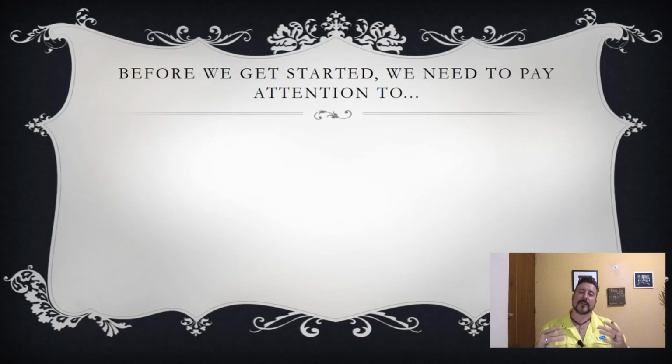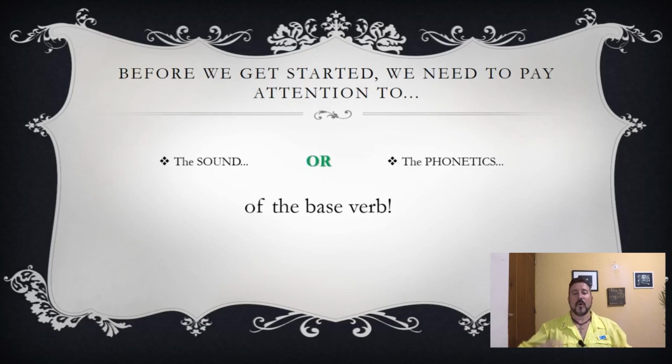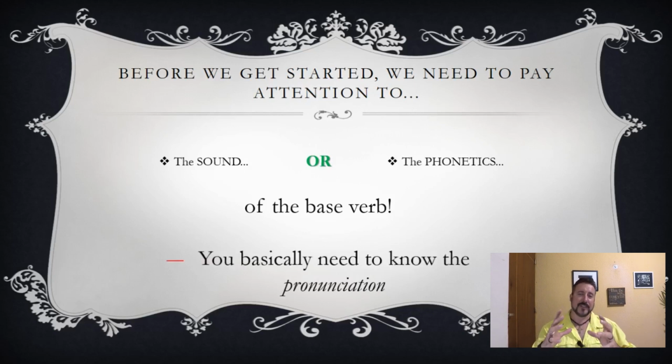Now, before we get started here, we need to pay attention to something very important because this is going to be crucial in understanding the right pronunciation we need to use. So you need to pay attention to the sound or the phonetics of the base verb, right? You basically need to know the pronunciation.